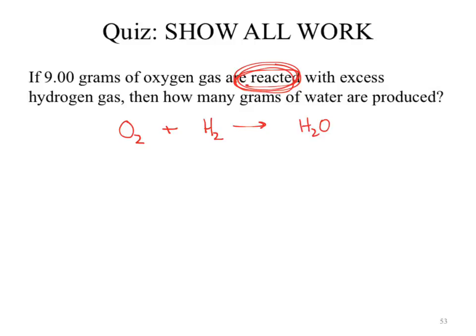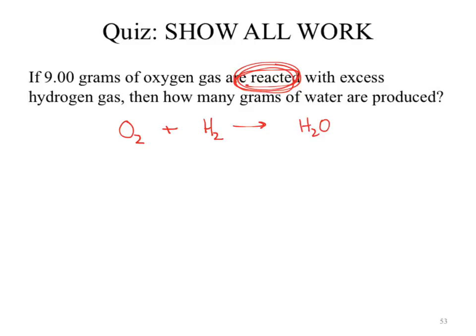I now have the ability to relate oxygen to hydrogen, or oxygen to water. You know how to do this. Don't get bogged down in all the excess information. You have to start whittling things out and pulling things out and looking at them.